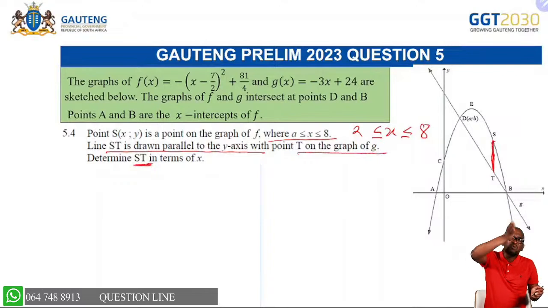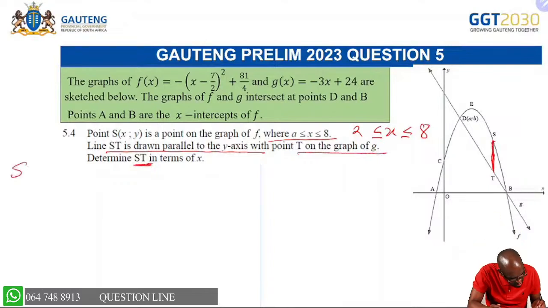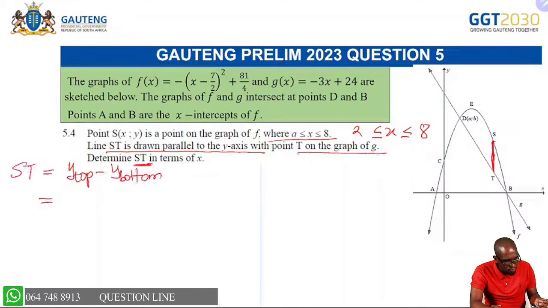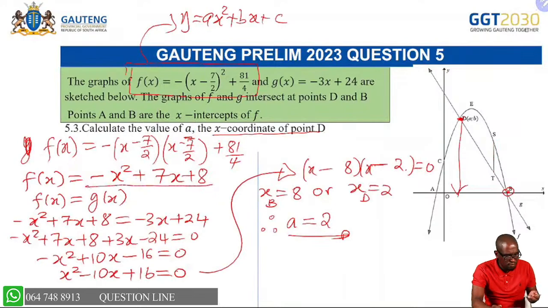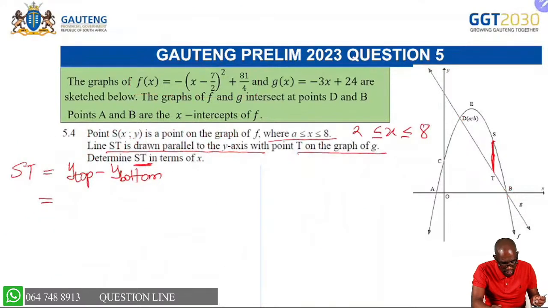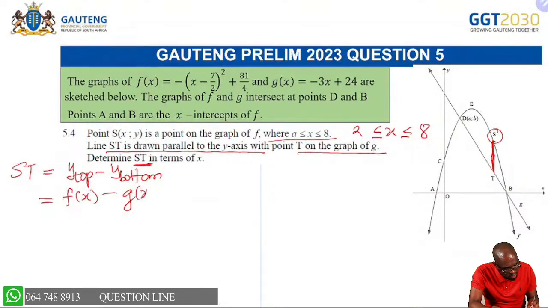So to find that y value, ST is a vertical distance. To find the vertical distance, you always take y top minus y bottom. So our y top here is at point S. Y at point S is the y value of a parabolic function, which is f of x, and y at point T is the y value of a linear function, which is g of x.